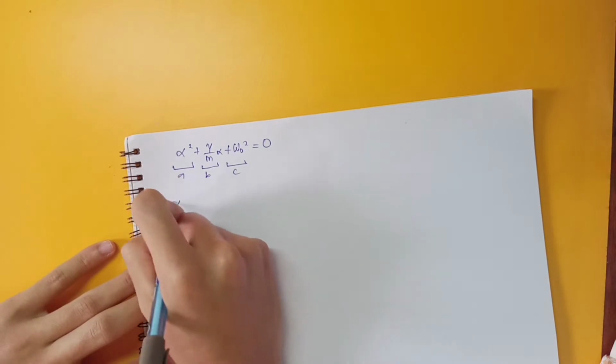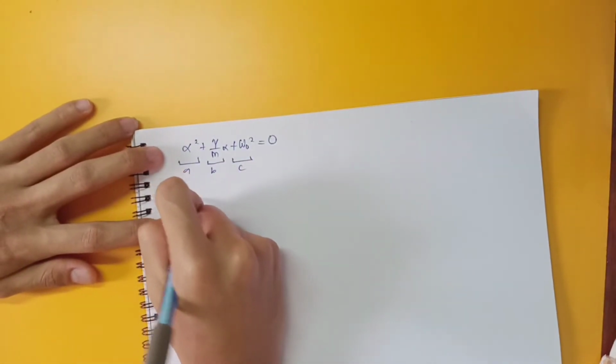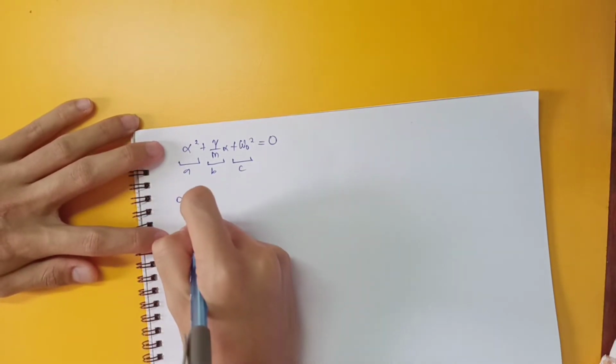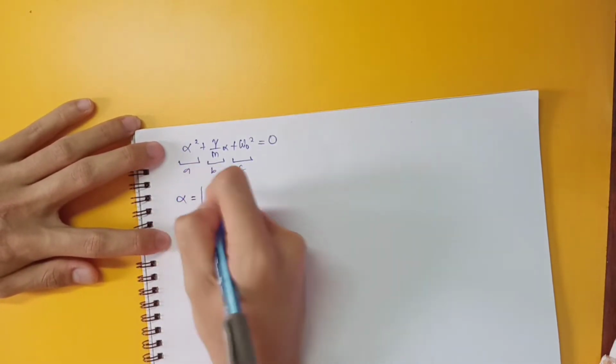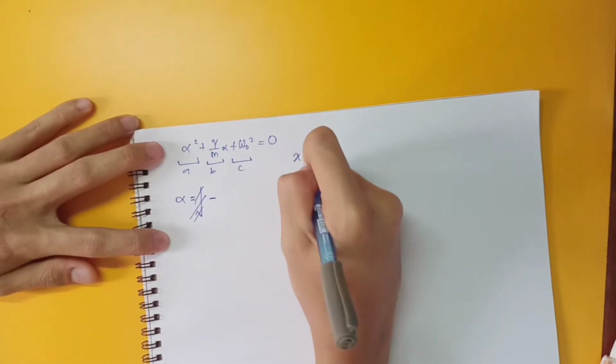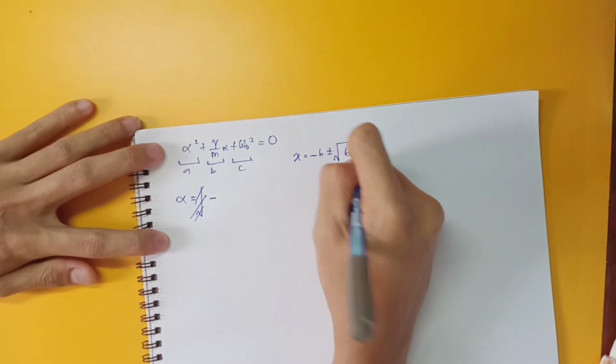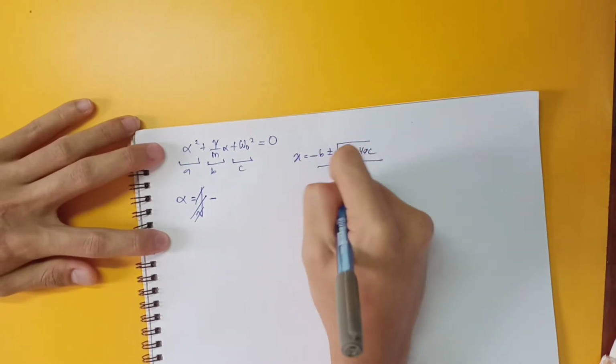So I want to find alpha; it's like a quadratic equation. So alpha is equal to negative b plus minus the square root of b squared minus 4ac over 2a.